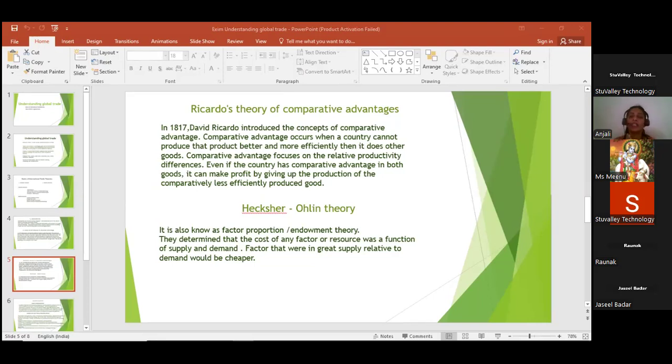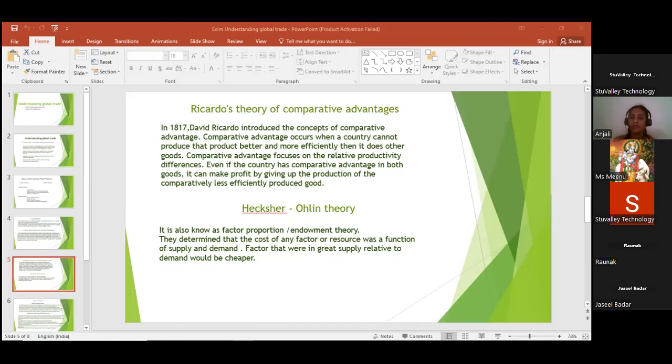I mean to say that in this theory of comparative advantage, in those days, in 1817, India could produce both tea and sugar. For example, tea they produce in 10 units and sugar in 5 units. Mauritius only produces sugar, 10 units.